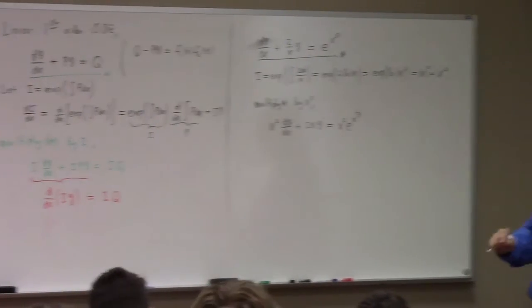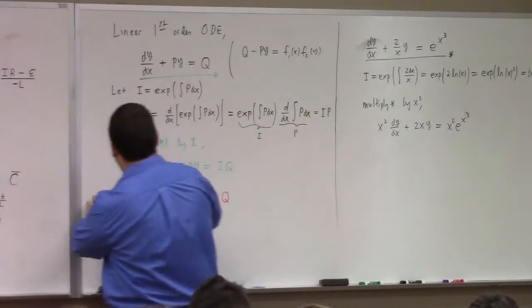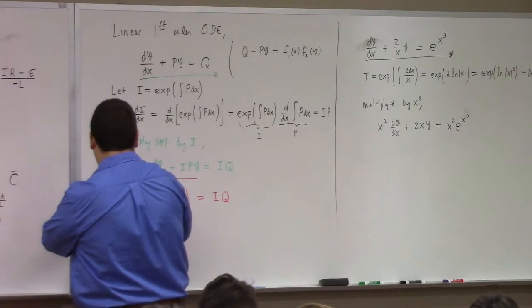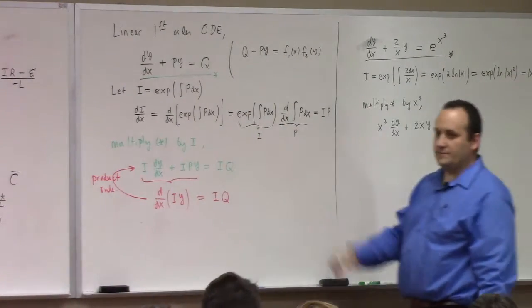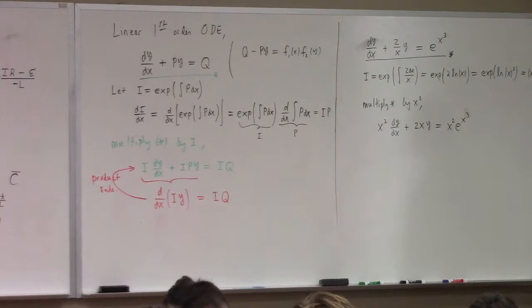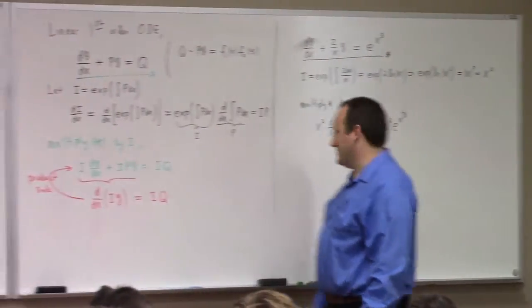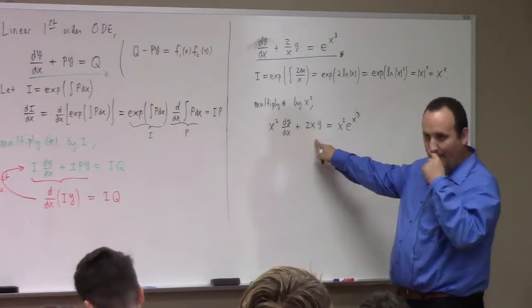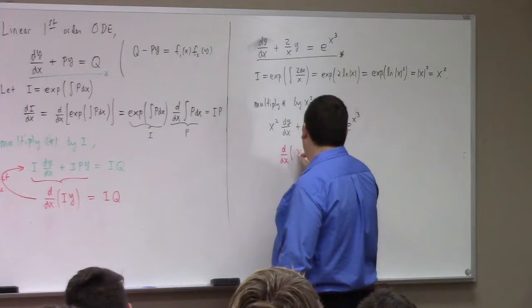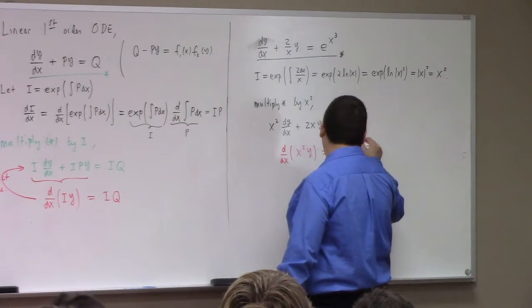So by the product rule in reverse, right? But did that happen over here? Is this d/dx of x squared times y equals x squared times e to the x cubed?